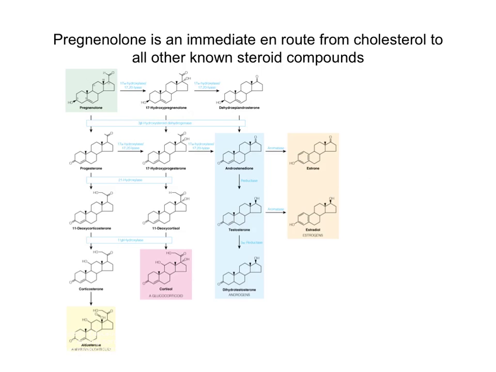This takes place in the mitochondria of whatever tissue is synthesizing that particular steroid hormone. What is formed is this intermediate pregnenolone, which is used to form all of our different steroid hormones.